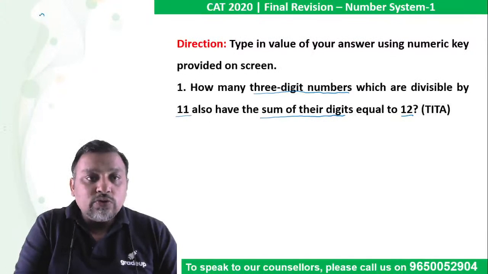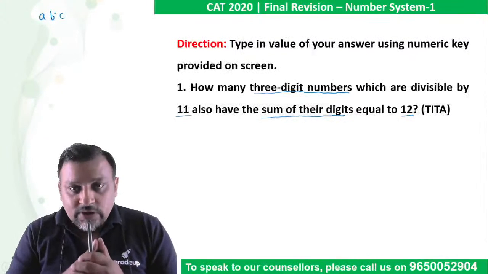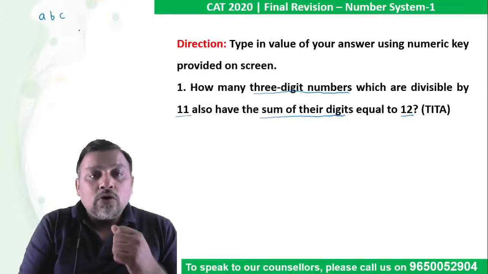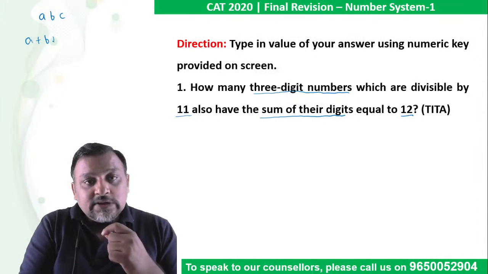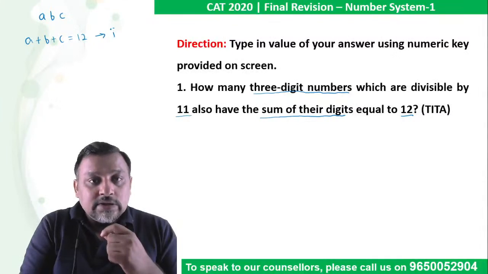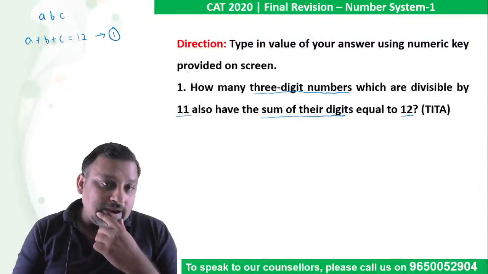So if I assume the number as ABC, where A, B, C are the digits of the number, the first equation is the sum of the digits is 12. This is the first information. And then the number is also divisible by 11.